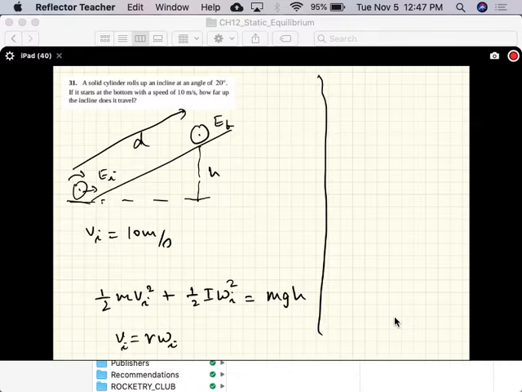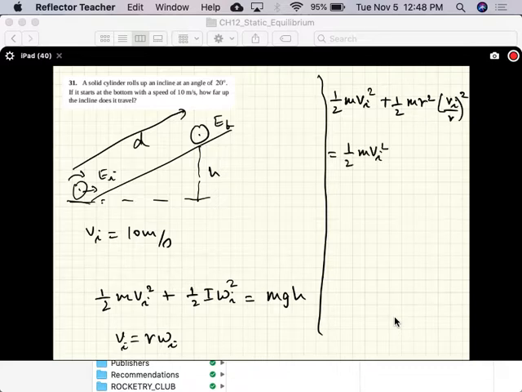So what we are going to do is 1/2 m v_i squared plus the moment of inertia of a cylinder, which is 1/2 m r squared, and omega_i is v_i by r, squared. So this is equal to 1/2 m v_i squared, and the r squared cancels, plus 1/2.